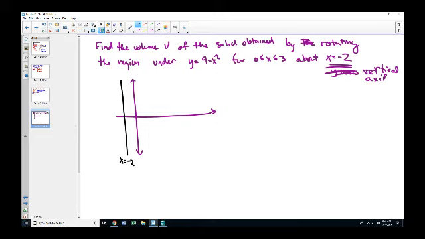Alright. Now, build this up, 0 to 3 on the X axis. My point's at 0, 9, right?